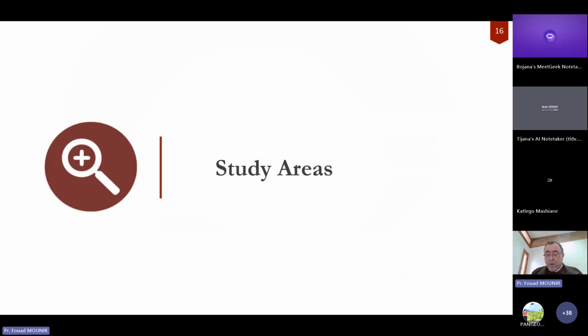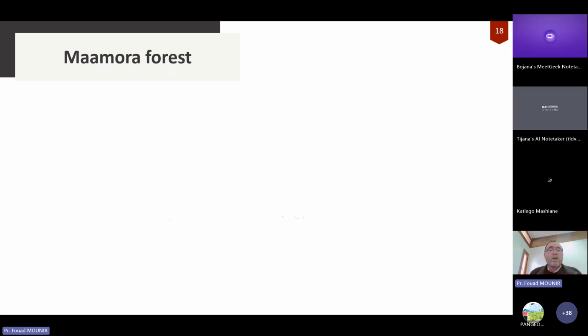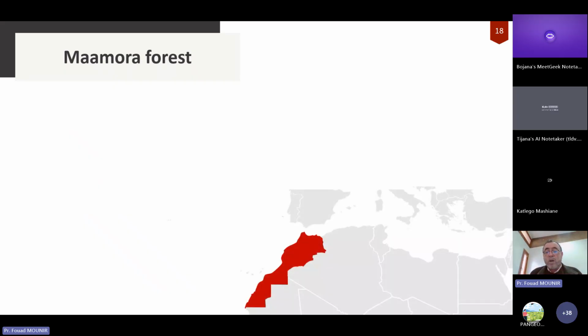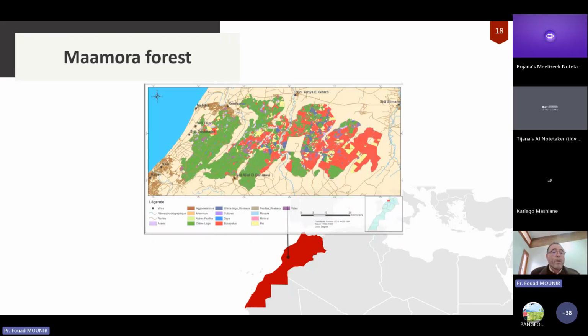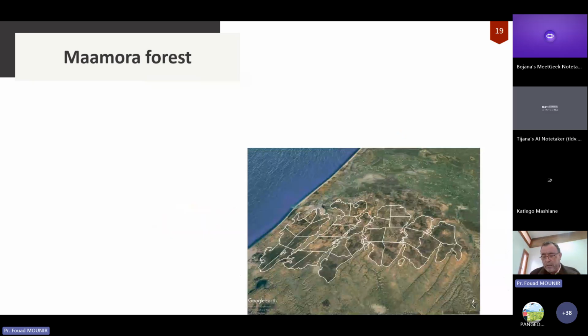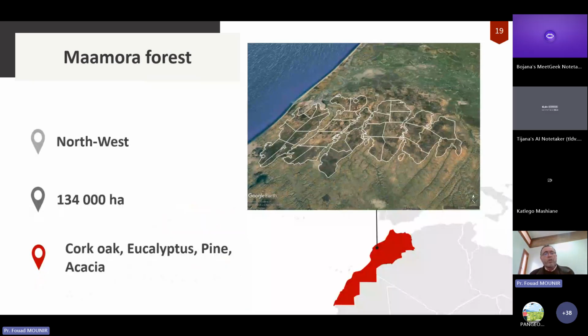Okay, we conducted this study in two sites. The first site is Maamora Forest, located in the northwest of Morocco, containing forest based mainly on the cork oak, the natural stand, Quercus suber. We also have in this forest some artificial stands made mainly of Eucalyptus, pine, and acacia.